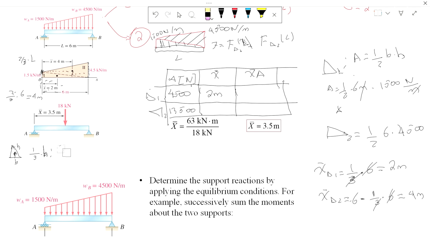All right, so 2/3 of 6, we just said 2 times 6 is 12 divided by 3, 4. So we put here 4 meters.